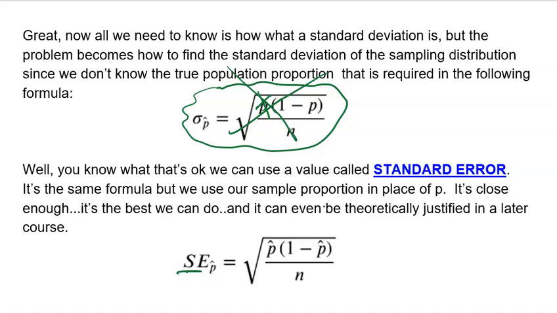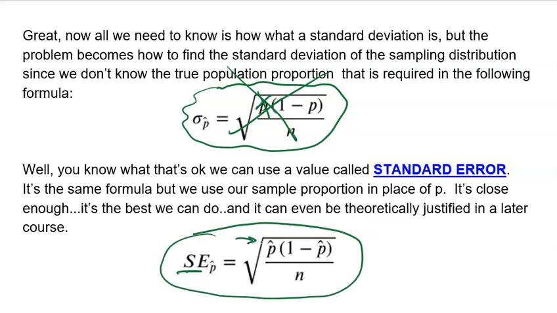Now, the standard error formula is the twin brother of standard deviation. The only difference is that instead of P, I have to use P hat, the sample proportion. And that is because I don't know the true proportion. Now, this is going to generate a slightly different value than if we knew the truth, but unfortunately, we can't use that formula.